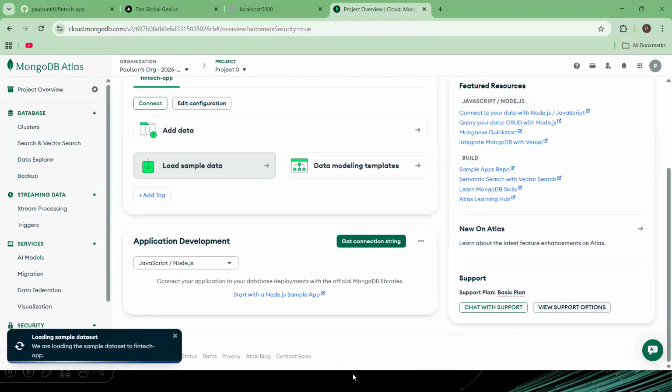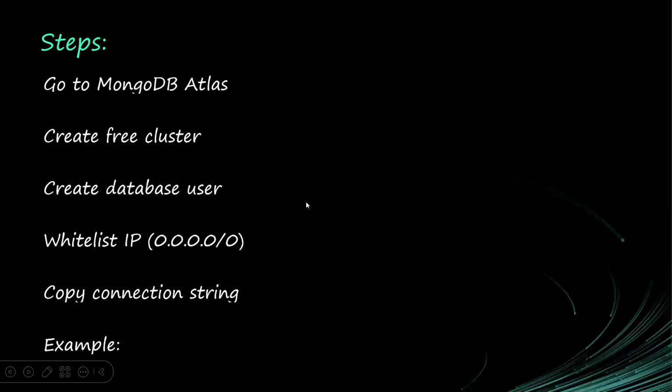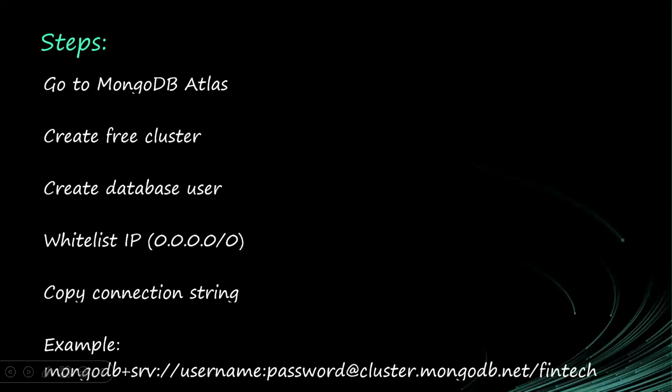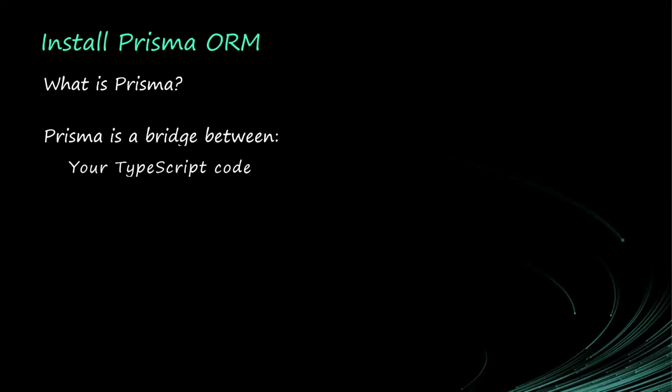So our database is created. We have done this. Later we are going to collect the connection string, but not now. So let us go and install Prisma ORM.